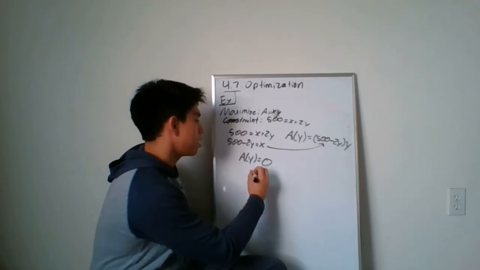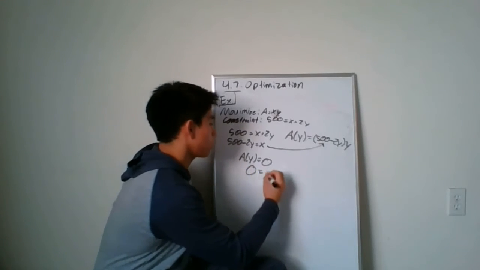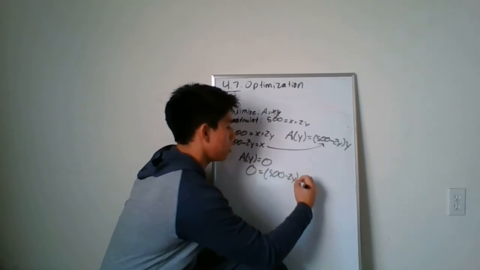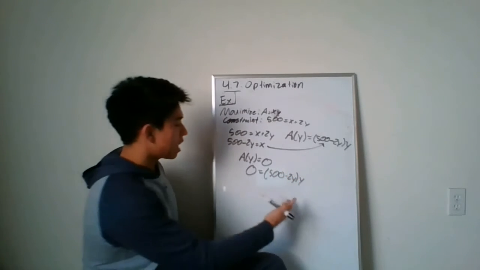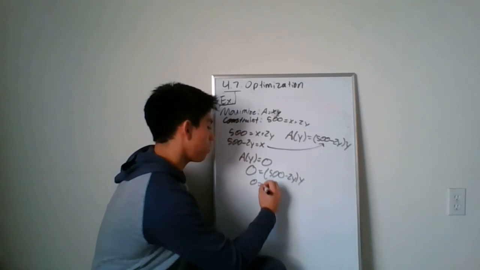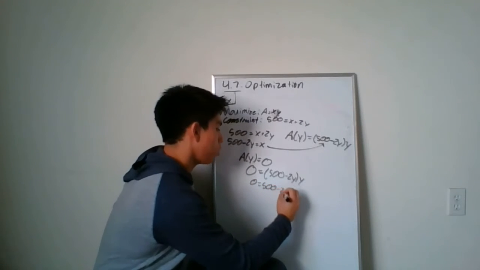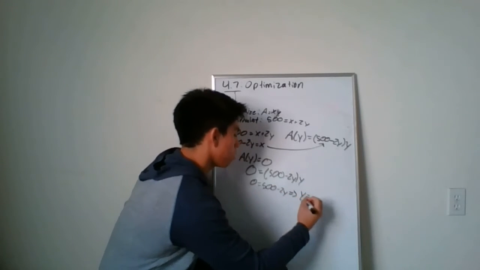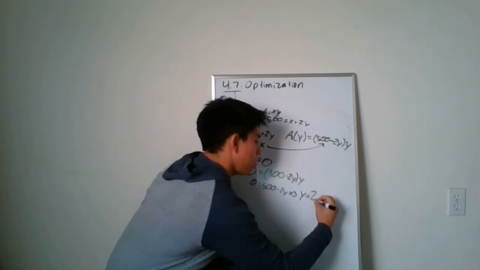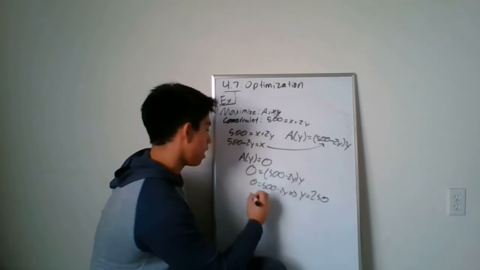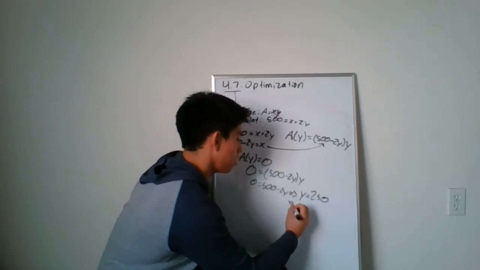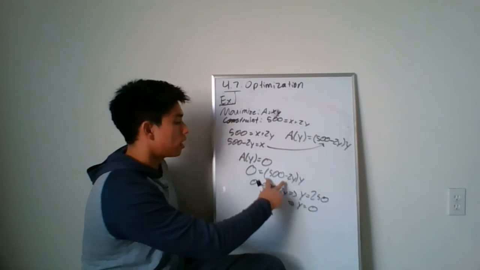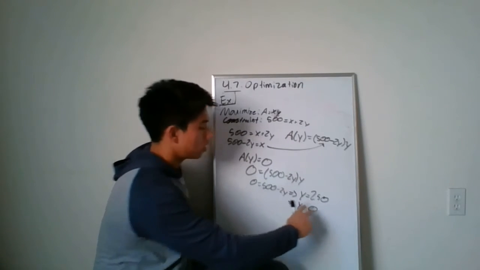So 0 equals 500 minus 2Y times Y. This comes out to 0 equals 500 minus 2Y, which is then Y equals 250, and Y equals 0.